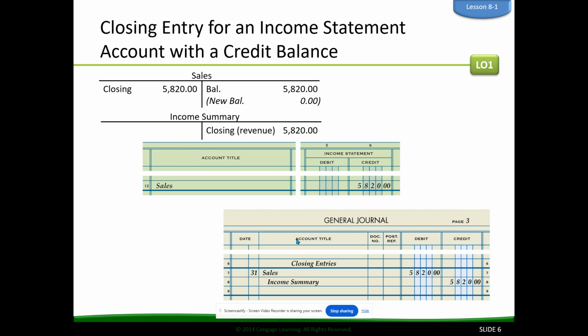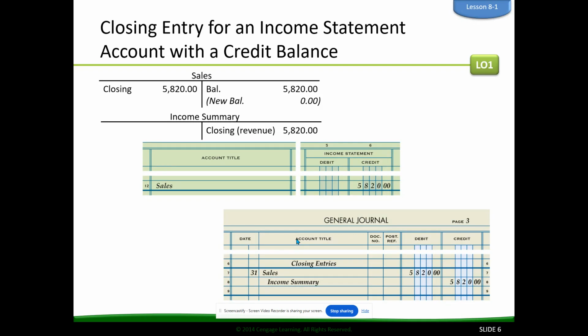So we have our general journal. This example, it's page 3. We have our closing entries. We label it because that tells whoever is looking that the entries after this are special, right? We're doing them once a period. So our first closing entry is on the last day of the month, whatever that month is.